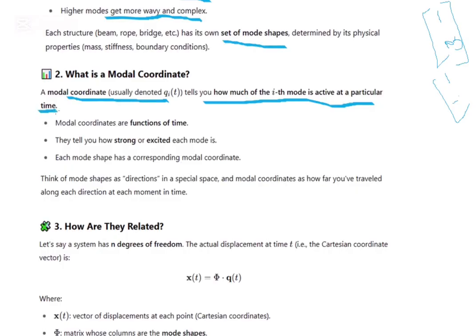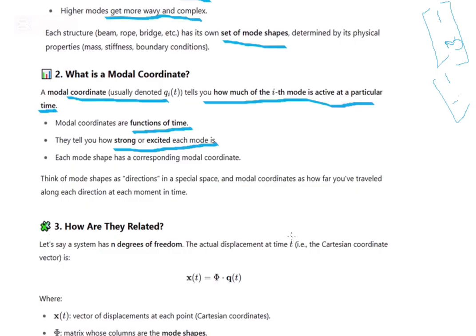I have told you, for example, when we have 2 degrees of freedom, it has two modes. So the modal coordinate will tell at a particular time which mode is active. If the first mode is active, that modal coordinate value will be higher. Modal coordinates are functions of time. So the first mode and second mode depend on time, they vary, and they will tell how strong or excited each mode is.